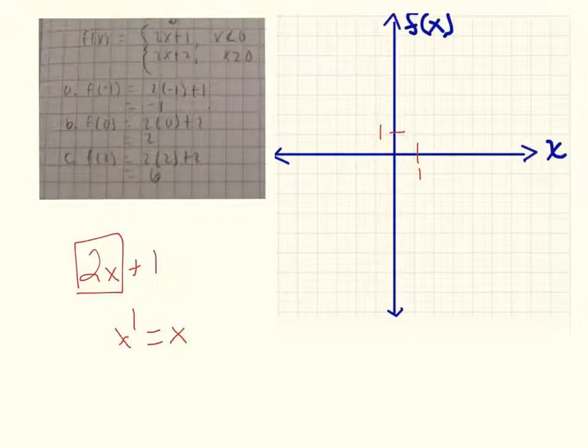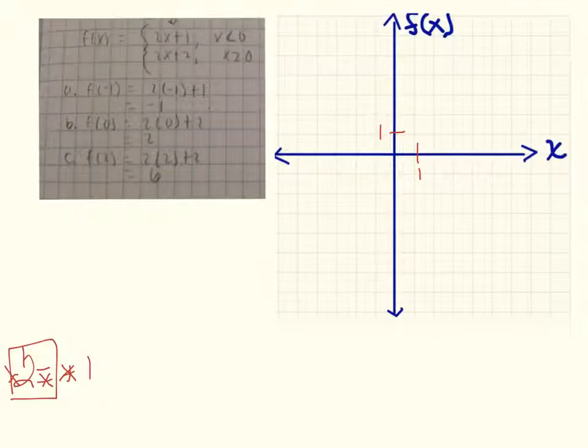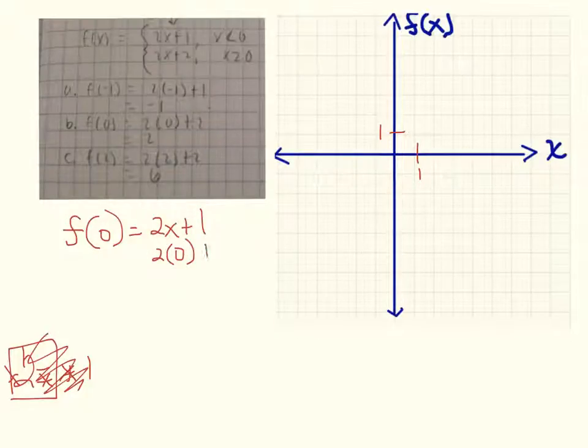Now if x is 0, I'm just going to use f of 0 because that's my boundary point, and I'm going to use the 2x plus 1, so 2 times 0 plus 1, which equals 1. So that's not included in my first equation. So the point (0, 1) is going to get a hollow point.